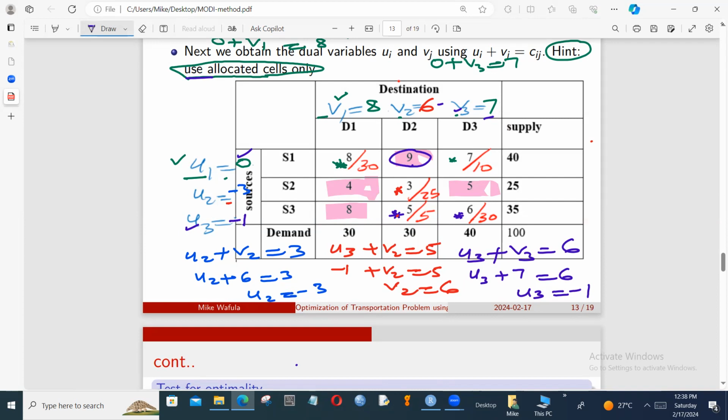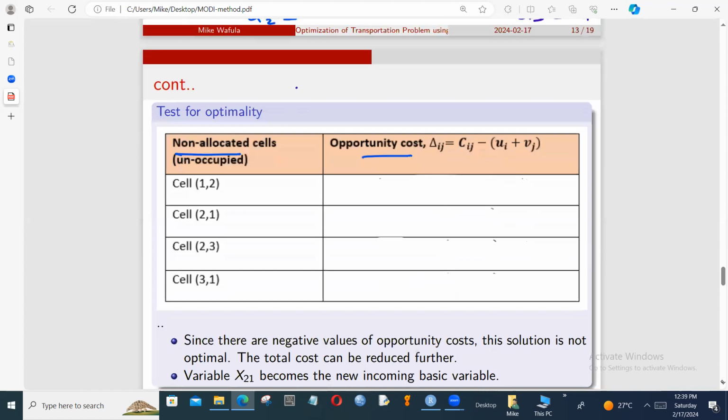You see that? It is C12 minus U1 plus V2: this plus this subtracted from 9. So 9 minus 0 plus 6 gives us 3. So 3 is the opportunity cost associated with that cell that has no allocation. So 3 becomes the figure that we write there.